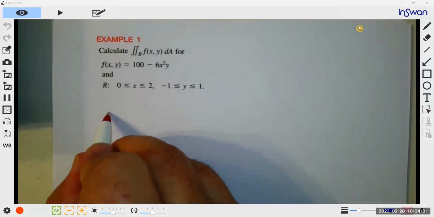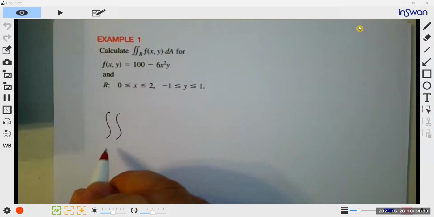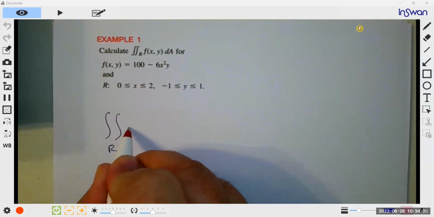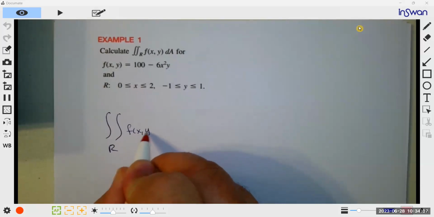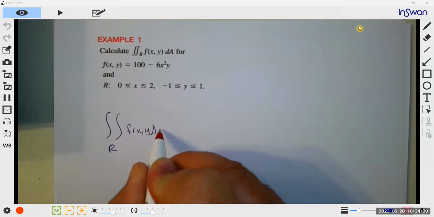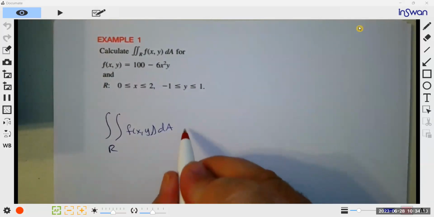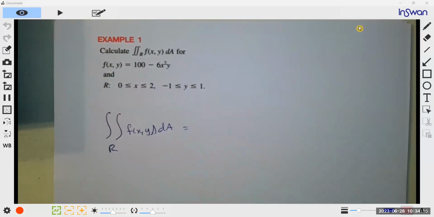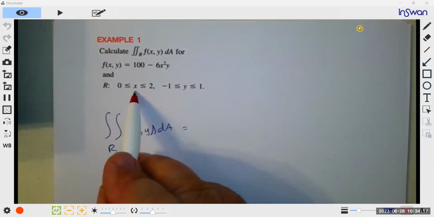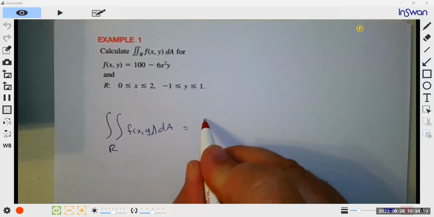All right, so it's telling us we want this f of x, y dA. Now we worry about, do we take it with respect to x or y? It doesn't matter.